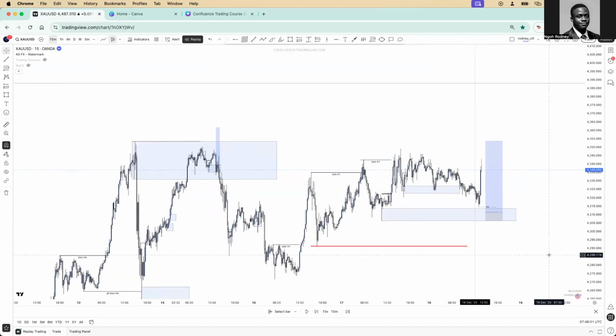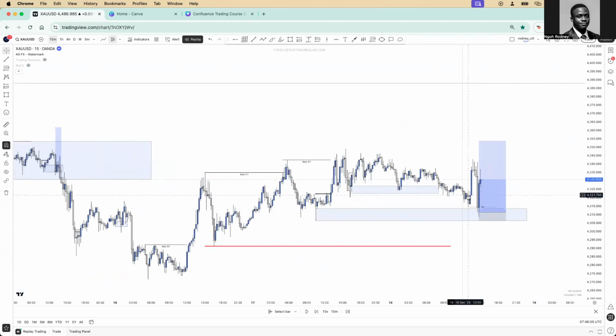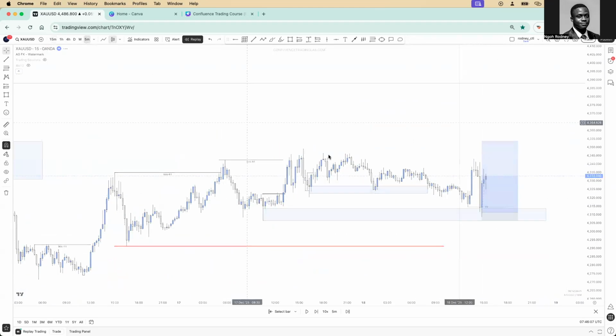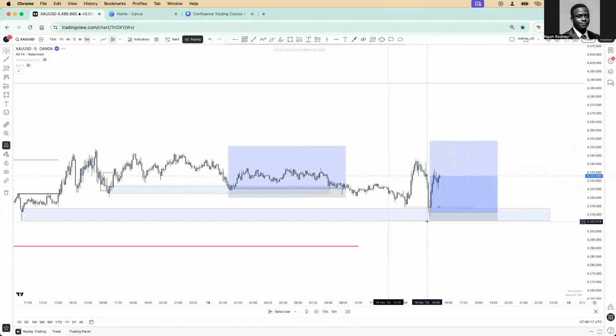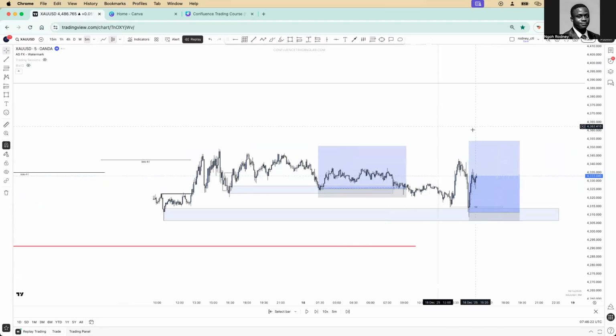Now price comes back down. A lot of people are coming earlier to trade here. I wish I showed you this thing. But a lot of people are coming earlier to trade somewhere around here. What do you think happens to them? They get liquidated. But the whole point is because this is the real area. And what happens? We just go up.